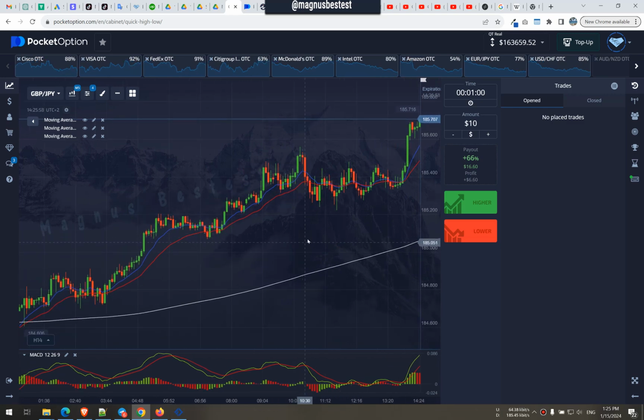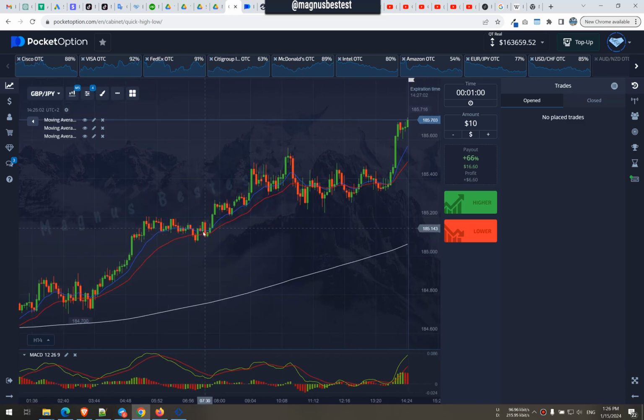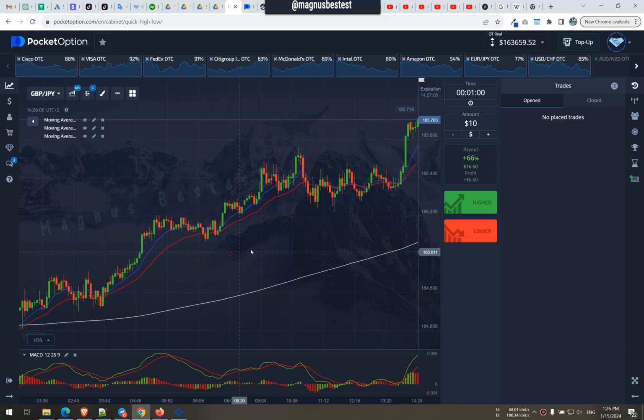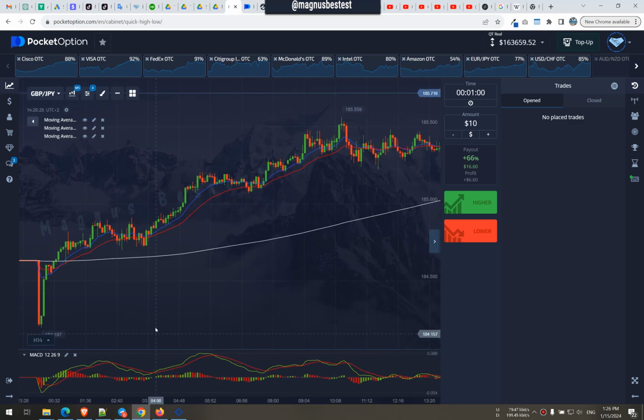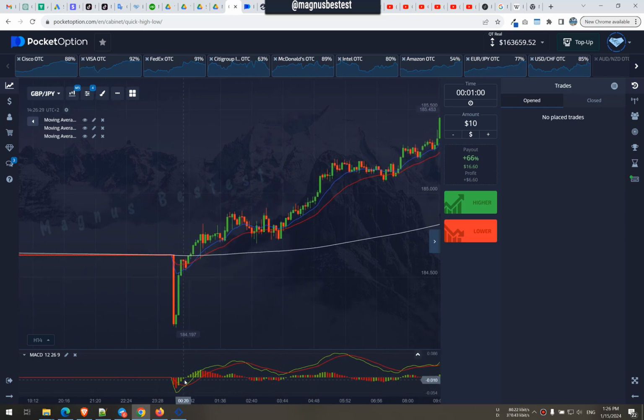So how to use MACD? When we are in a trend, meaning we are above the simple moving average 200, and on MACD we are below the 0 level, and we are getting a cross, we are entering a long position, buy.